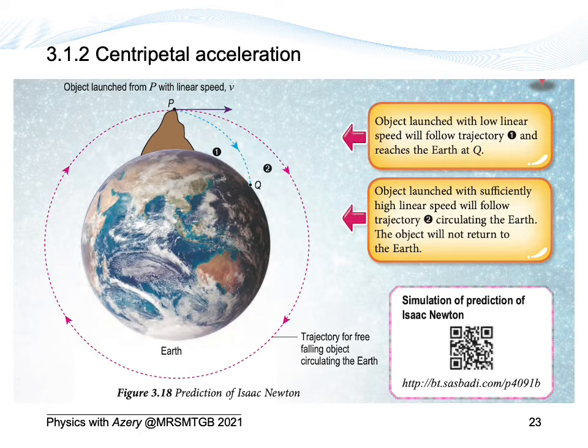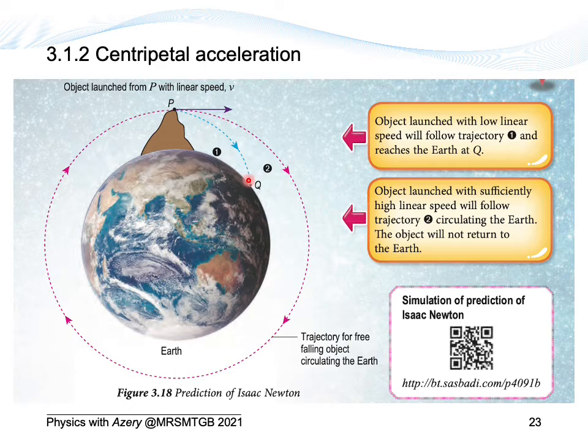Okay, if you look closely here, if you are throwing or launching an object with a low linear speed, the object will most likely fall and follow this trajectory. At one point it reaches the Earth.